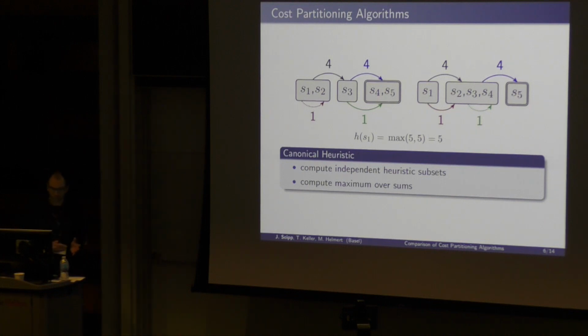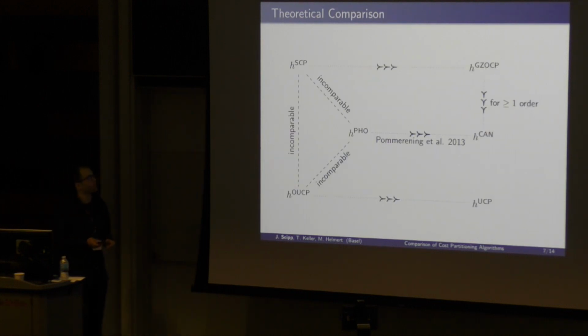Okay, so now the question is, how do these algorithms compare? And we start with a theoretical analysis. And prior to our work, we only knew a result from Pommerening et al., who showed that the post-hoc optimization heuristic dominates the canonical heuristic.